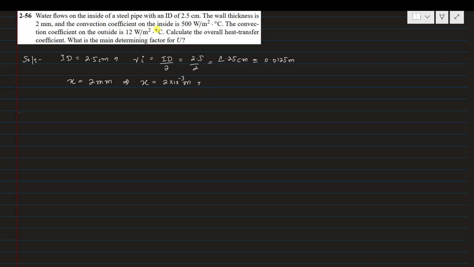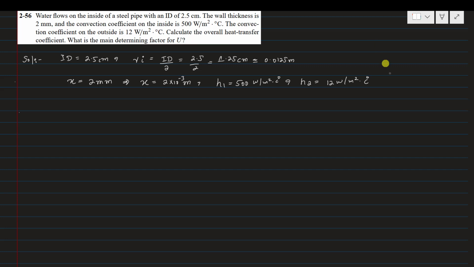The convection coefficient inside the pipe, that is h1, is 500 watt per meter square centigrade. And the convection heat transfer coefficient at the outside of the pipe, that is h2, is 12 watt per meter square centigrade.